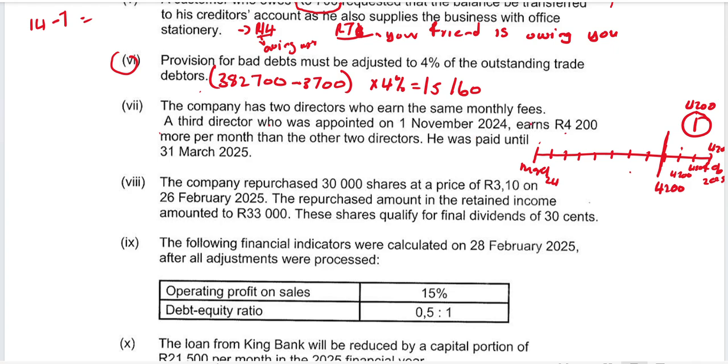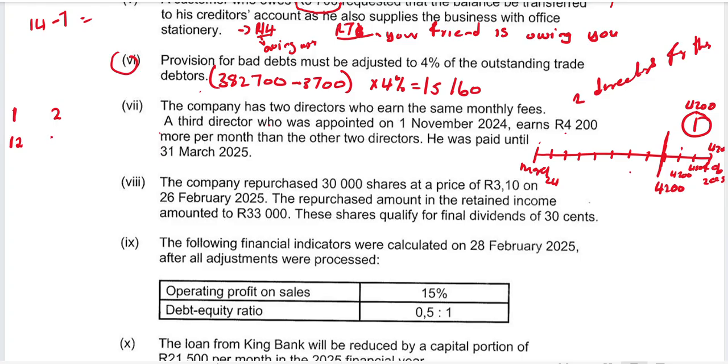The other directors, how many directors did we have? Two directors for the whole year, the first director and the second director. They worked 12 months.